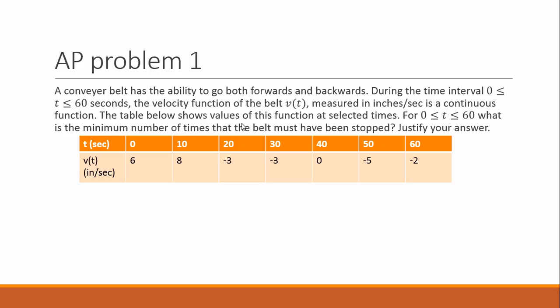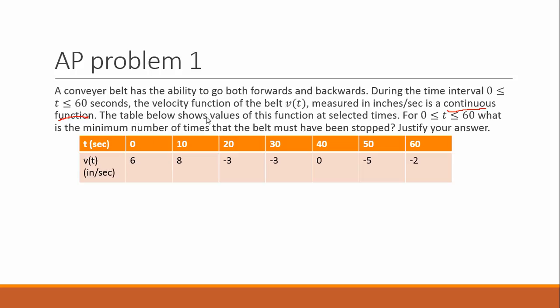So a conveyor belt has the ability to go forwards and backwards. During the time interval 0 to 60 seconds, the velocity function of the belt, v of t, measured in inches per second, is a continuous function. So this is the word that you really want to look for. Once it talks about continuous functions, you're usually going to be using one of the theorems.